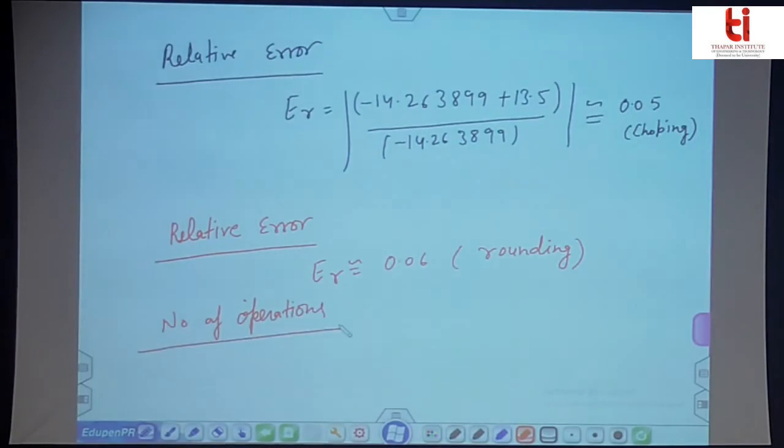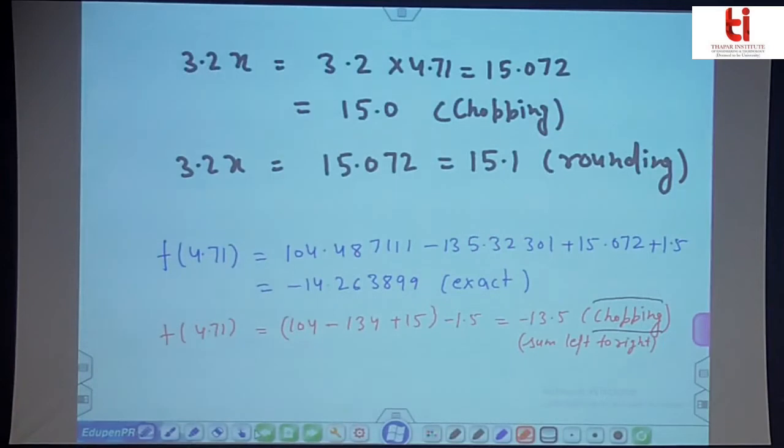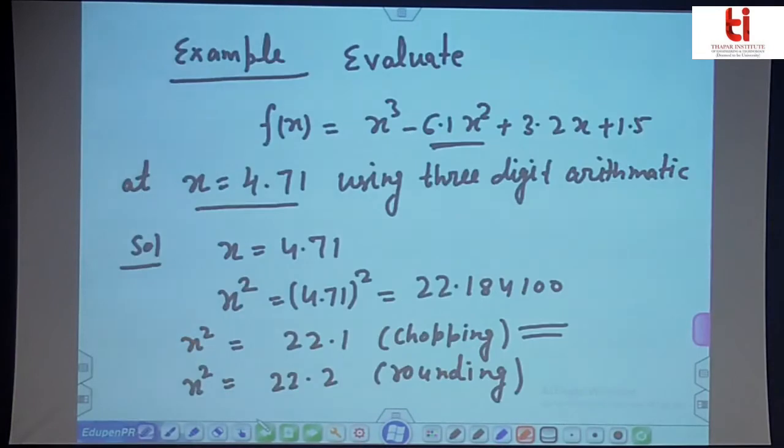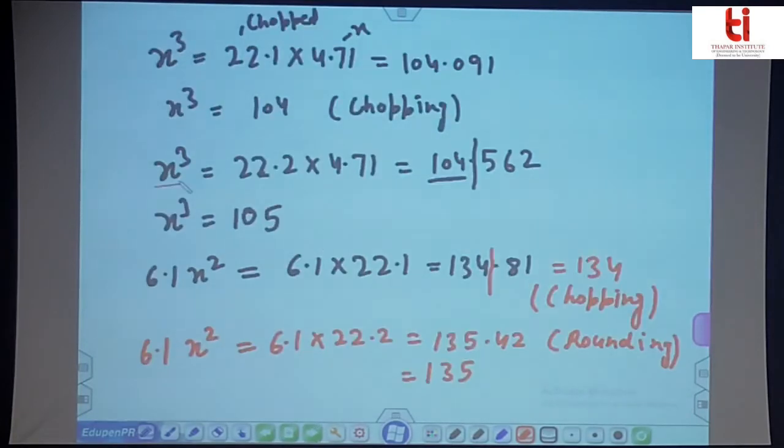How many operations have we used in chopping in calculating the polynomial value? If we see, first of all, we have computed the value of x square, one operation. In computing x square, two operation. After that we multiplied, there is one operation.